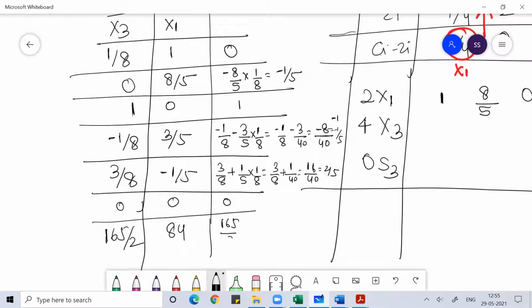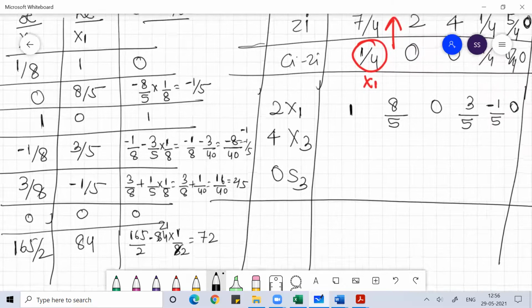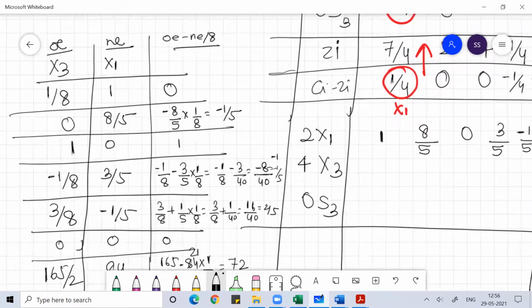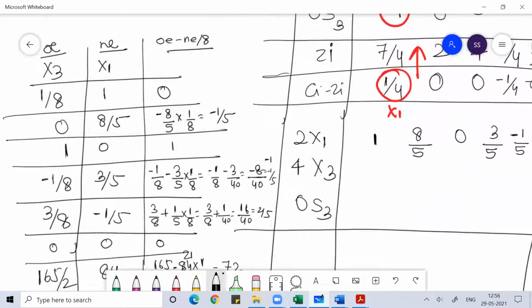Then this would be 165 by 2 minus 84 into 1 by 8. 84 into 1 by 8 would be 21 by 2. 165 minus 21 would be 144 by 2, which means 72. So the corresponding x3 value that you will get is 0.